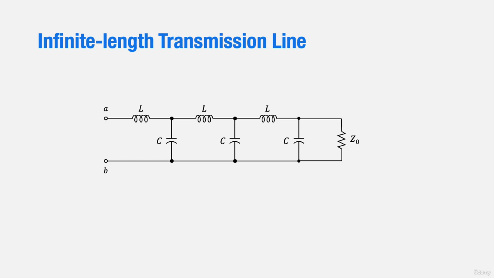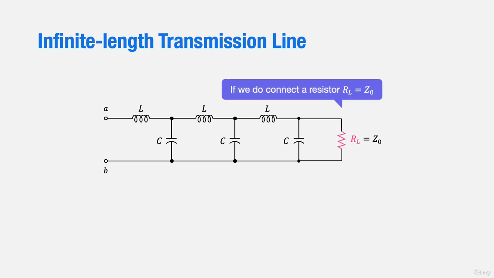If the line is finite in length, and we connect a resistor RL at the end that exactly matches the line impedance Z0, it results in an impedance-matched condition.